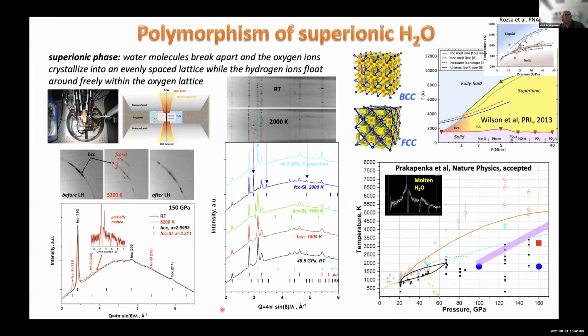When we plot all our data, you can see that the ice phase diagram is even more complicated than was believed. Now we think that we have 20 phases that were already recorded for H2O. You can see the BCC phase is in a very narrow pressure range, and then we have mostly FCC that extends to very high pressure.